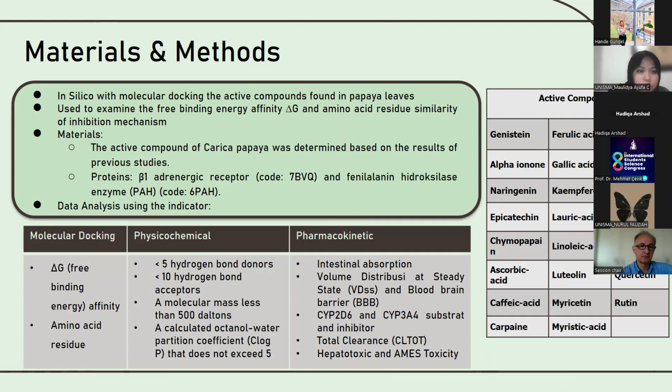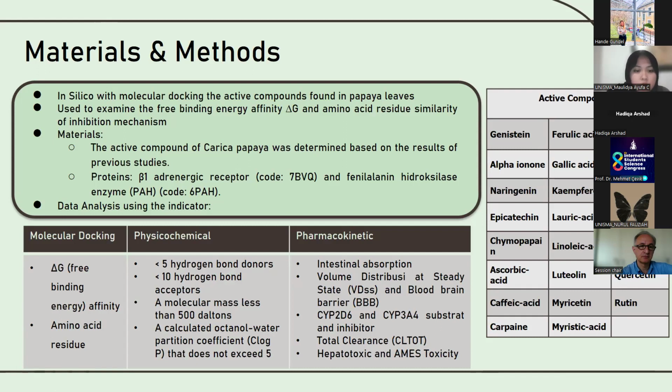Molecular docking is used to examine the free binding energy affinity, or delta G, and amino acid residue similarity of the inhibition mechanism. The active compounds of Carica papaya were determined based on the results of previous studies. And the proteins we use in this research are the beta-adrenergic receptor with code 7-DVK and the phenylalanine hydroxylase enzyme with code 6-PAH.